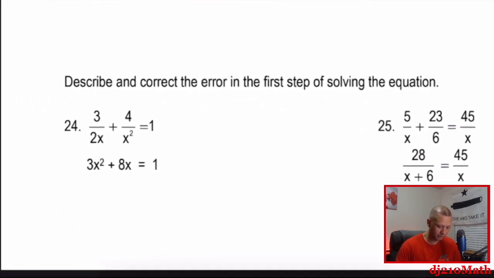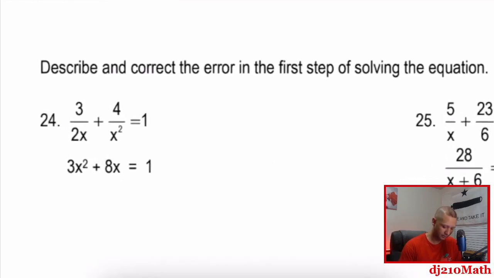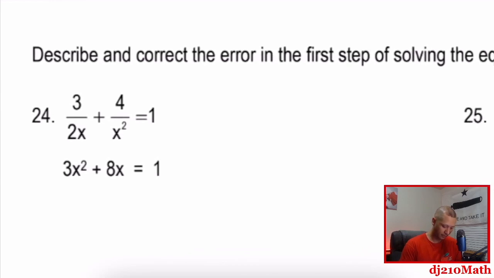Here's some theory type stuff. Describe and correct the error in the first step of solving the equation. So what did they do? I don't know what they did. Well, see, what I would have done?